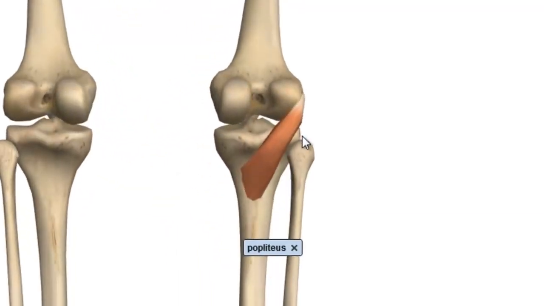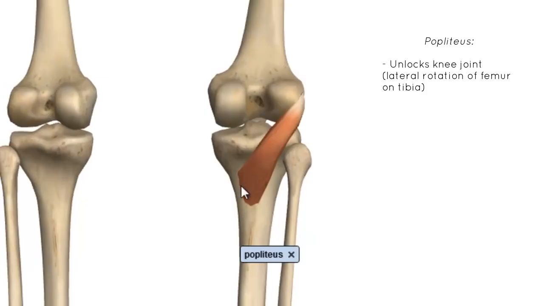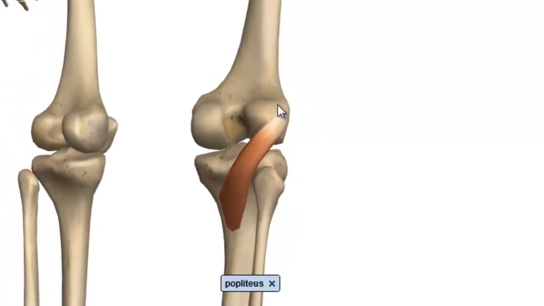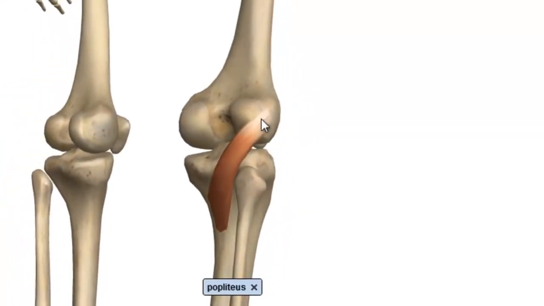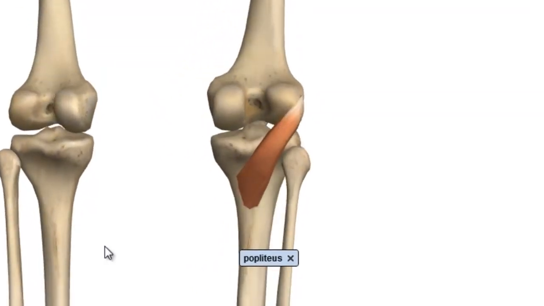So this muscle actually serves to unlock the knee when it's locked in extension. So it does this by laterally rotating the femur. So when it contracts, its origin here, insertion up here, it brings the femur around, laterally rotating it and unlocking the knee.